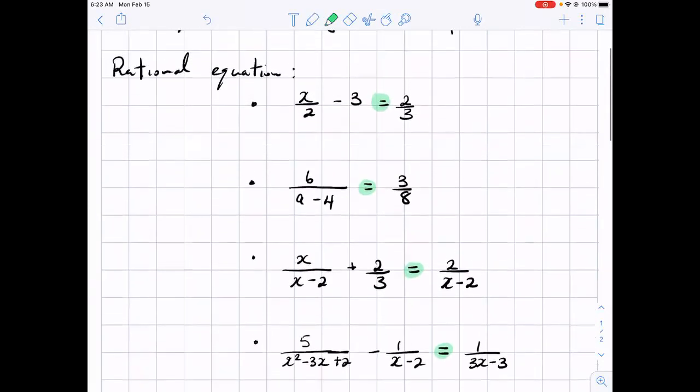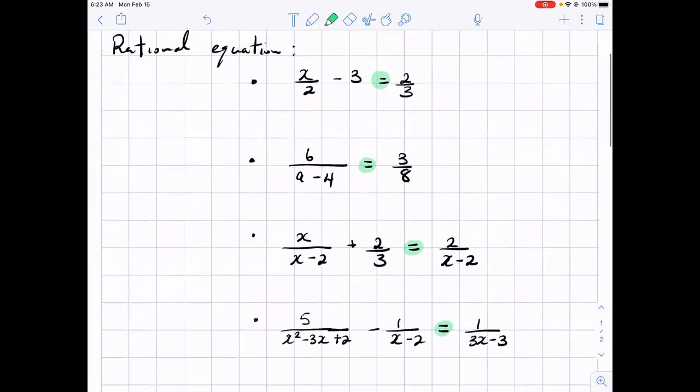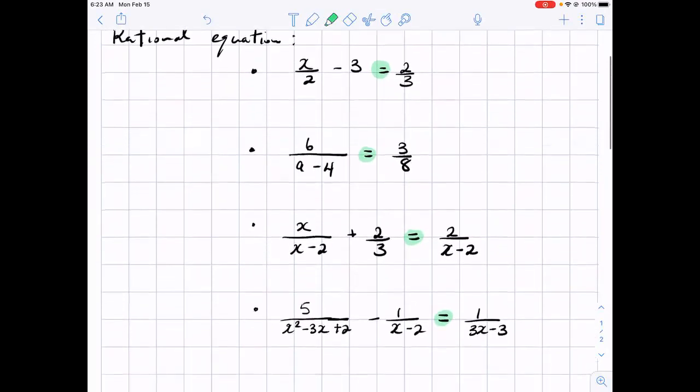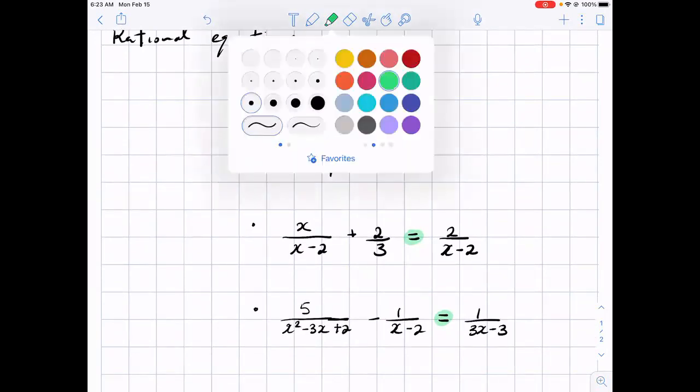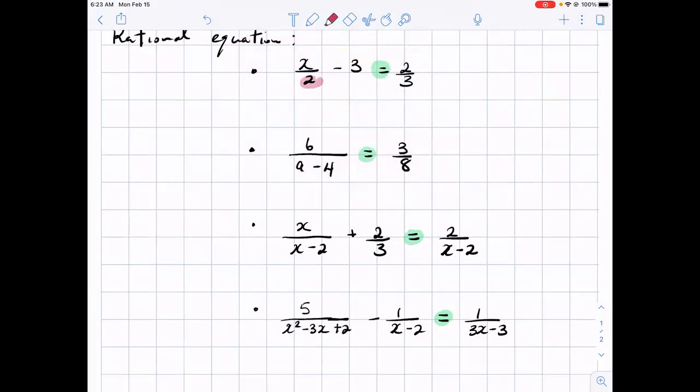Now, if I look back at the first rational equation I wrote, the general pattern is to find the lowest common denominator. So I'm going to work through at least these 4 and probably a few more examples. But my suggestion first is to make sure that the denominators, there's an invisible one there, are factored.